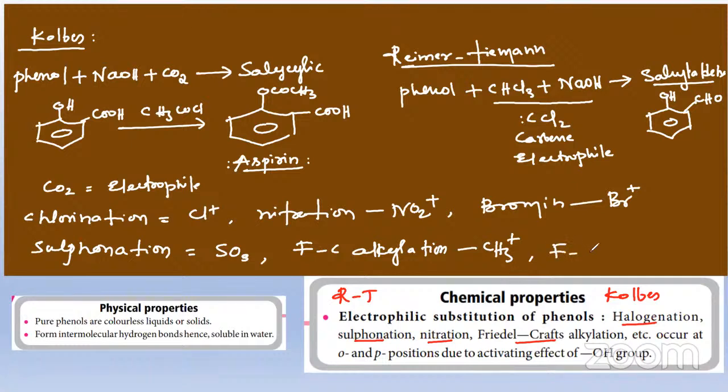In Friedel-Crafts acylation, COCH3 plus is the electrophile. All these are ESR reactions only. In all the ESR reactions, the product you get is ortho and para. Take a screenshot.